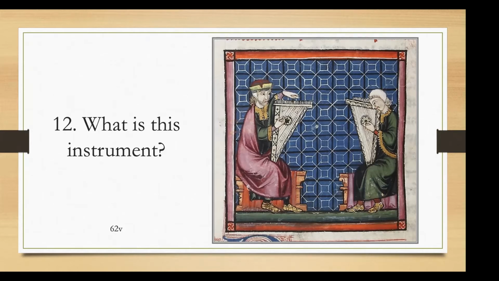So it is usually called a rota nowadays, but if you want to call this a psaltery, I'm not going to disagree because that seems to me what it fundamentally is. Some people think, though, and other images suggest, that there may be strings on both sides of the sound box. So the side that we can't see at the moment could also have strings, which would make it less of a psaltery and kind of like a harp, but with a sound box in the middle.